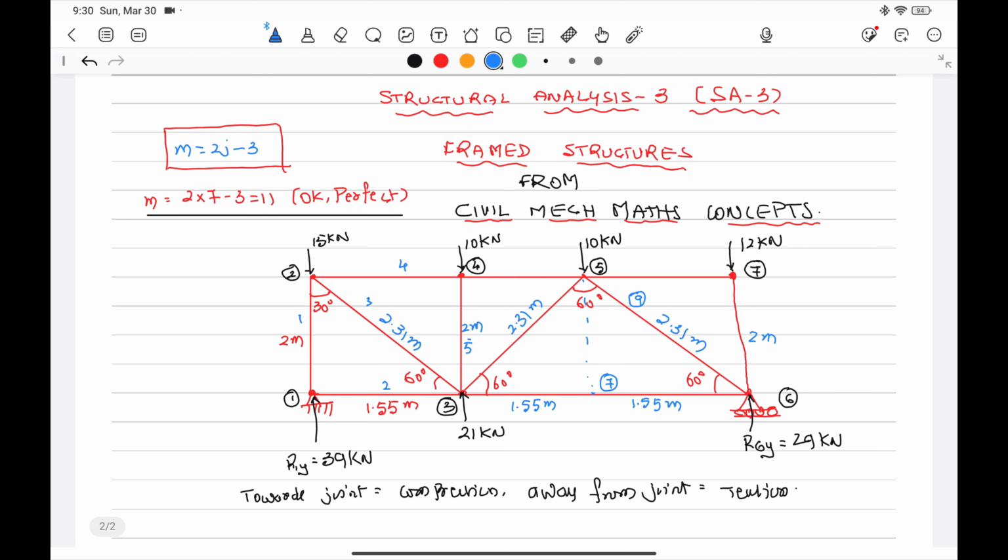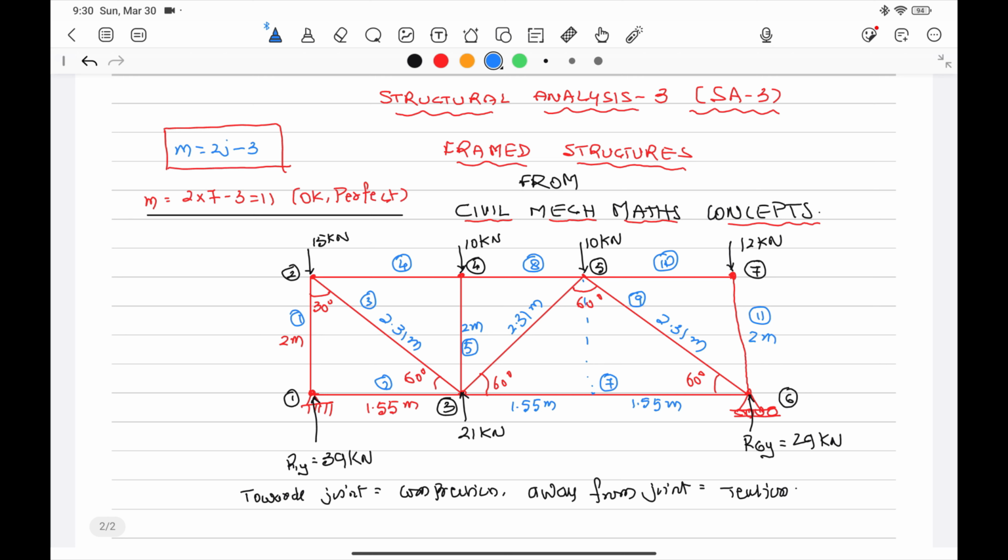These are the numbers of the members. We have to find forces in all the members, and find whether they are under compressive forces or tensile forces.